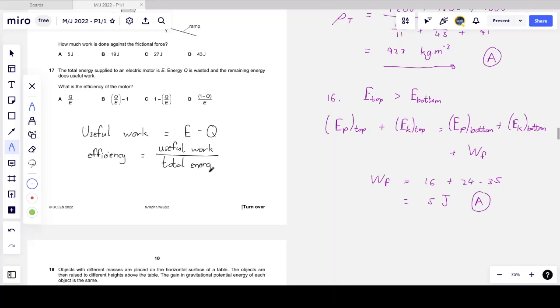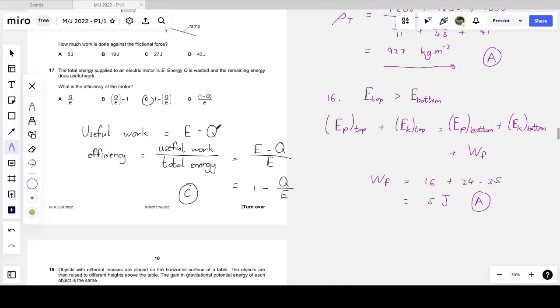So this is E minus Q all over the total energy input, which is E, which we can write as 1 minus Q over E, which, if we look very carefully, corresponds to option C.